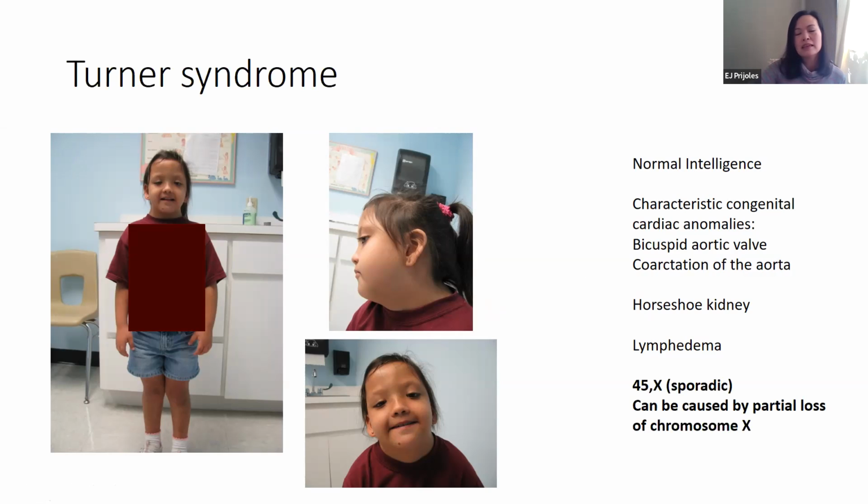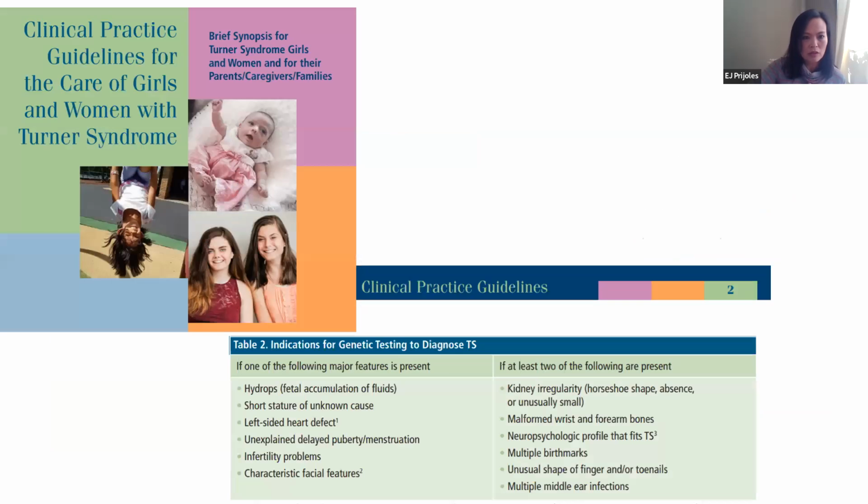And this is due to a chromosome abnormality, where one X chromosome is either lost completely or has partial deletion. There are particular features that individuals might find or see that make you think of Turner syndrome, and these are listed here.